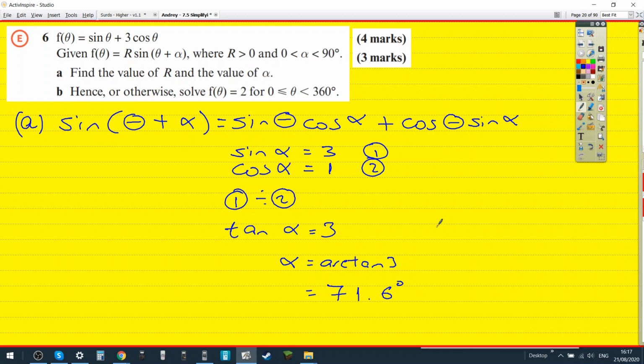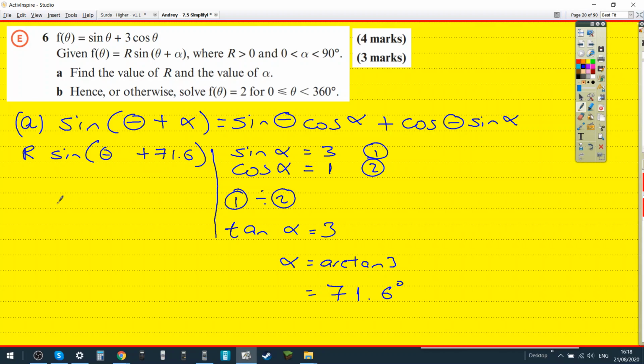Now, we know that alpha is 71.6. Do I now need to sub it into r sine theta plus 71.6? Okay. Oh no, now I need to do square root of 3 squared plus 1 squared to get r. And that would be square root of 10, I think.